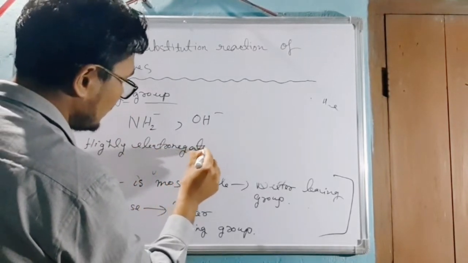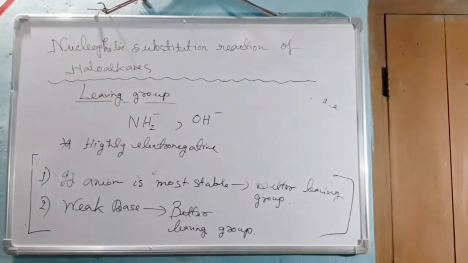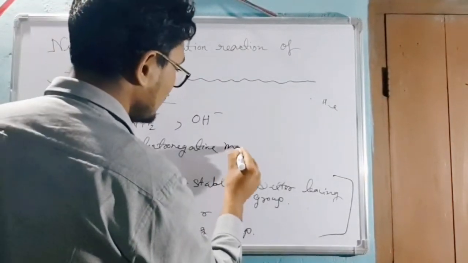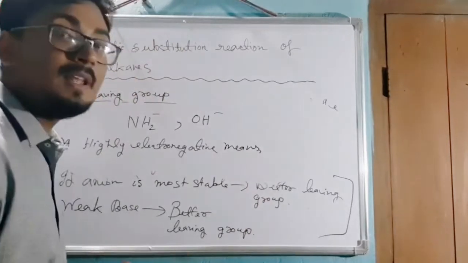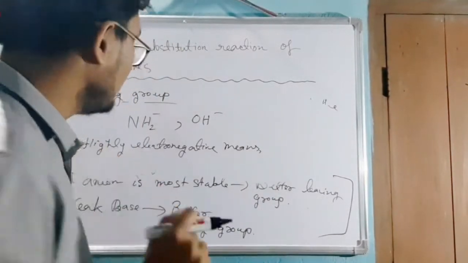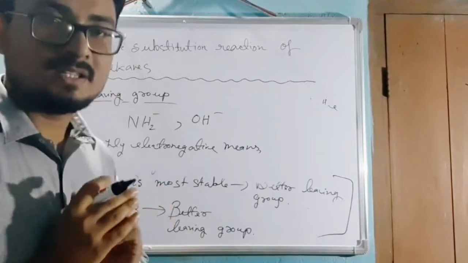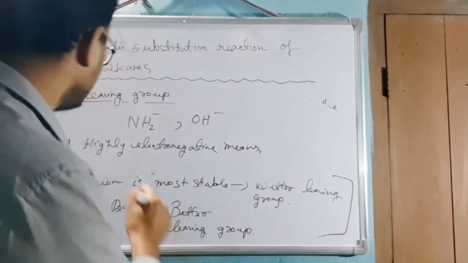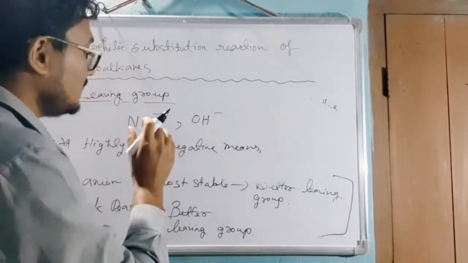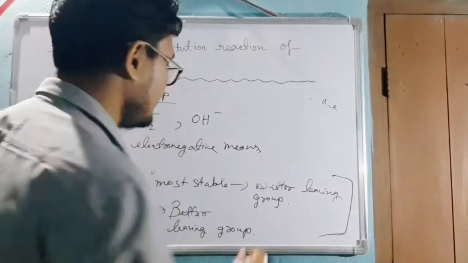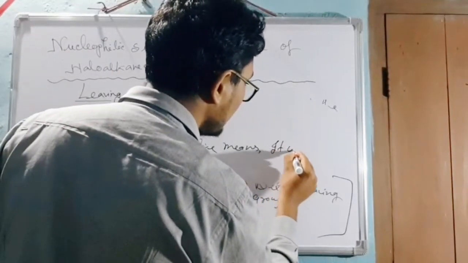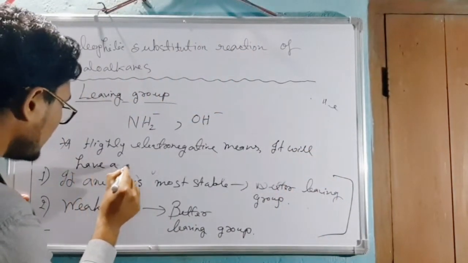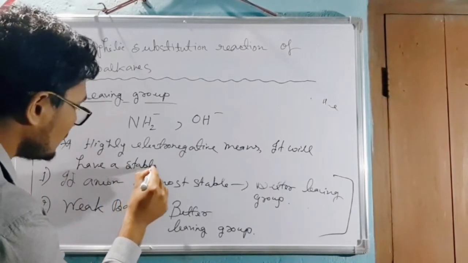Highly electronegative means it will have a stable anion. The more electronegative character, the more stable it will be. Highly electronegative means it will have a stable anion.